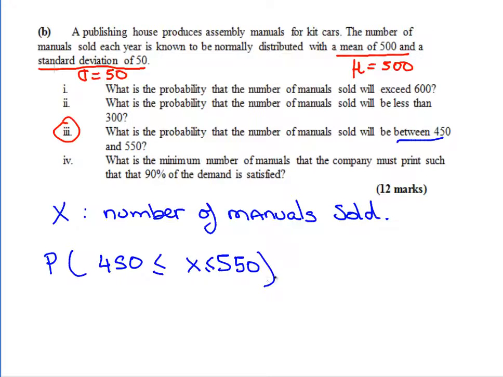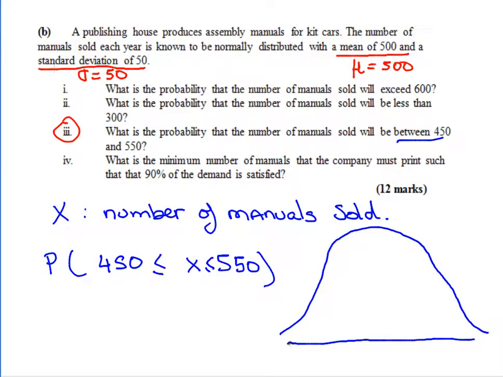Now I didn't do it in the last question, although it probably would have helped a little bit. But what I'm going to do here definitely is draw out the bell curve, so it helps us visualize the question we're actually being asked to solve.